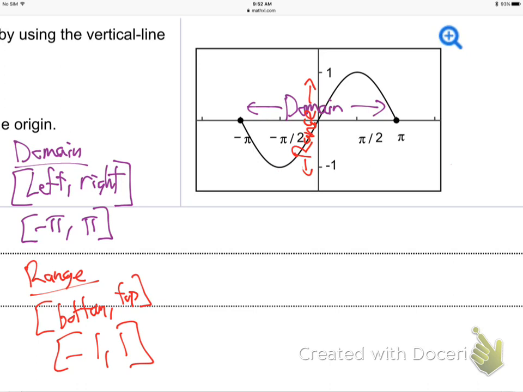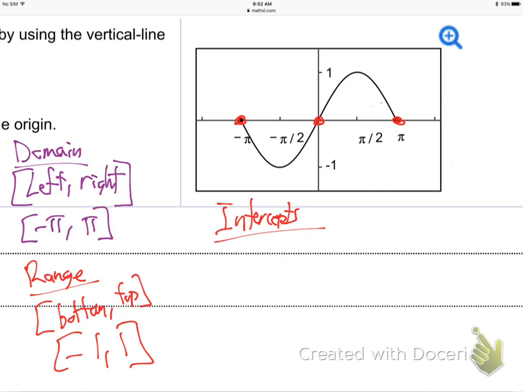And then they're also going to ask symmetry. What are the intercepts? Let's do that. So it would be here, here, and here. Intercepts are places where the graph hits the grid lines.